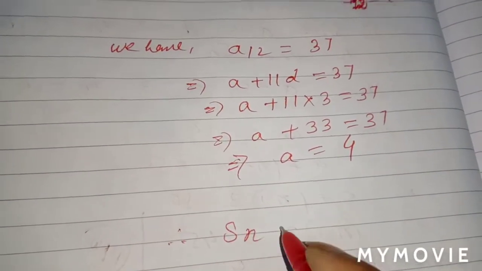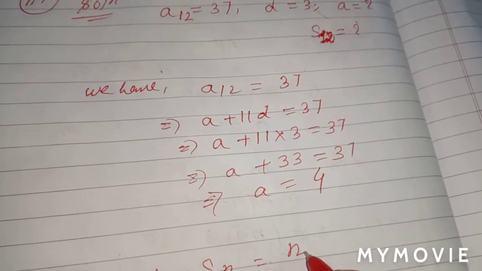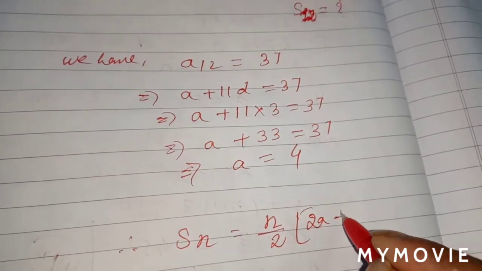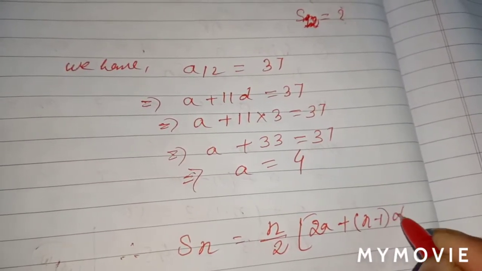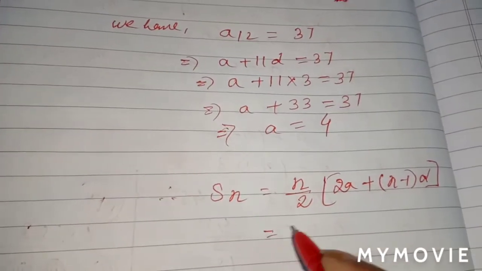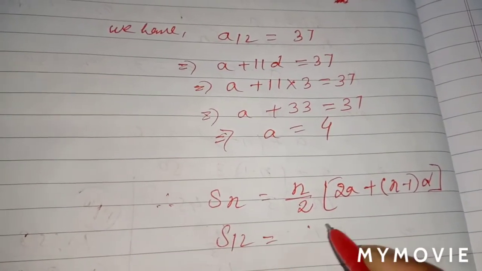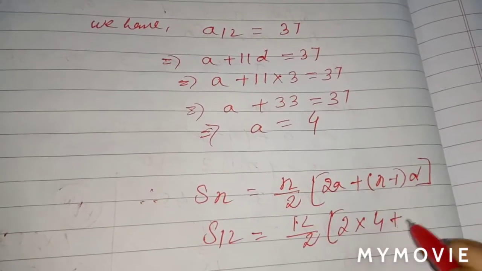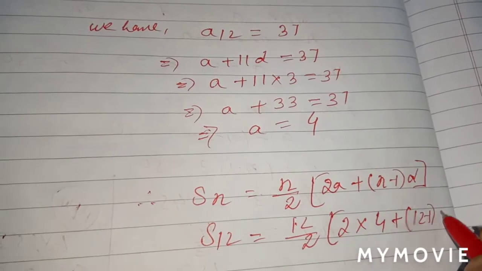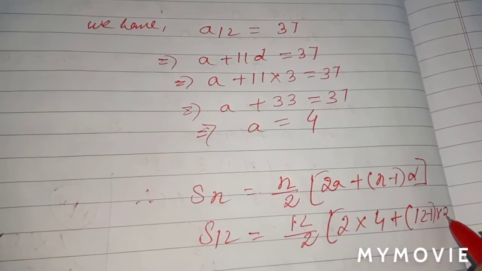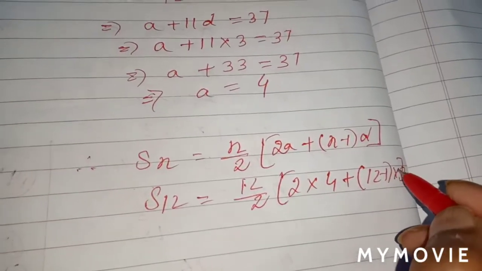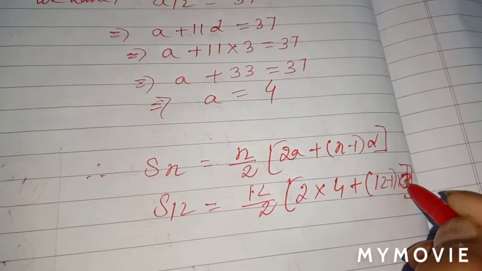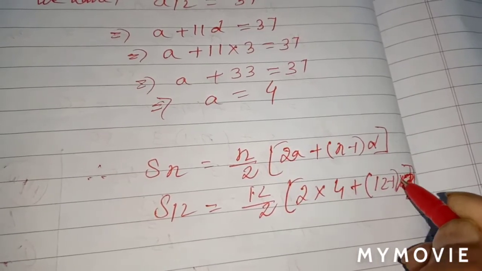Therefore, Sn is equal to N by 2 into twice A plus N minus 1 D. I hope all of you remember this formula. This is a very, very important formula. So N is 12. 12 by 2, twice A is 4, N minus 1, that is 12 minus 1, and D is 3, multiplied by 3.